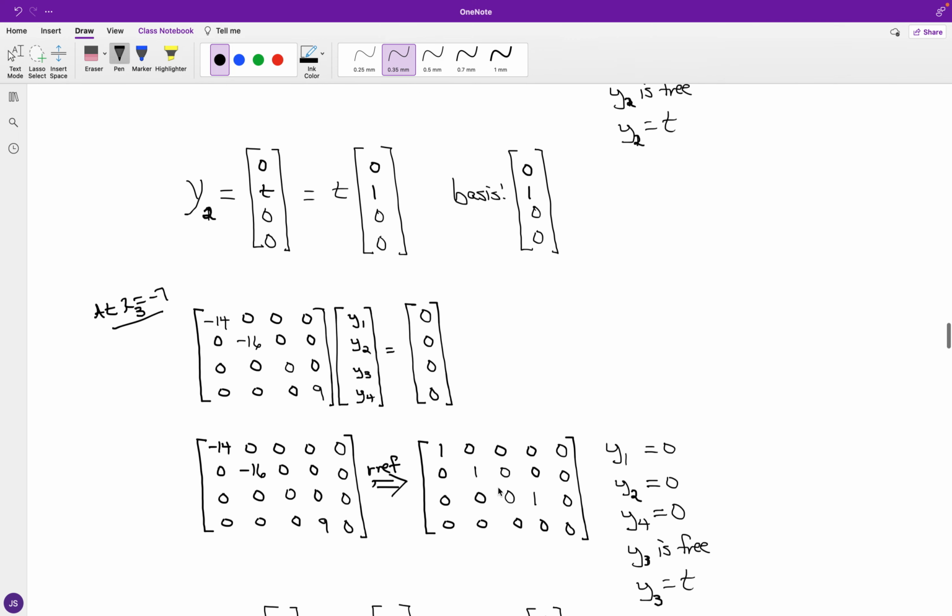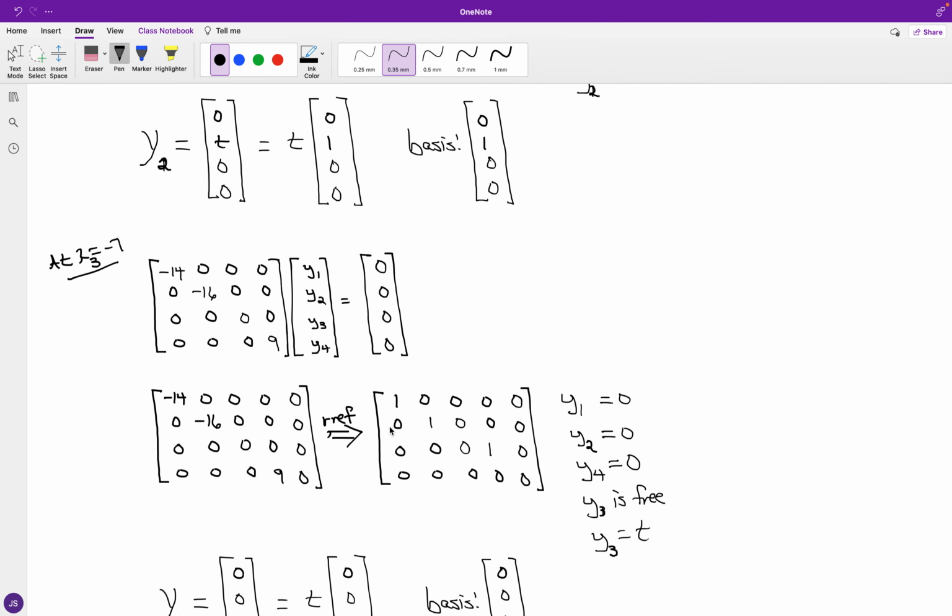And with the third eigenvalue, if we set this equal to negative 7, and we have running diagonally in the representation of lambda I minus A, we'll end up with negative 14, negative 16, 0, and 9, and multiplying the third eigenvector, we have equal to 0. We can have in the representation of the system, once again, the formation of the augmented matrix. And so looking at what we have and putting it in reduced row echelon form, the top row signifies that y sub 1 is 0.